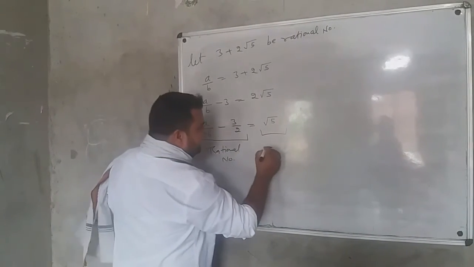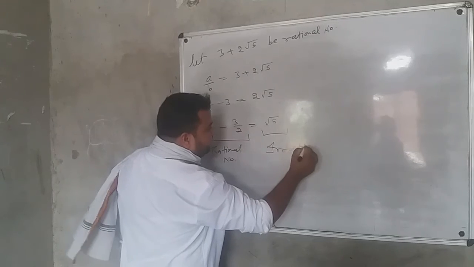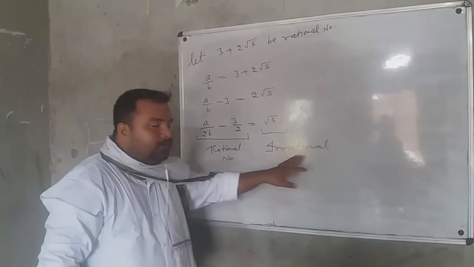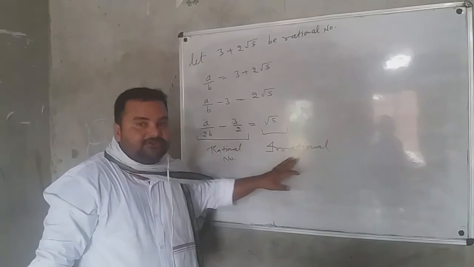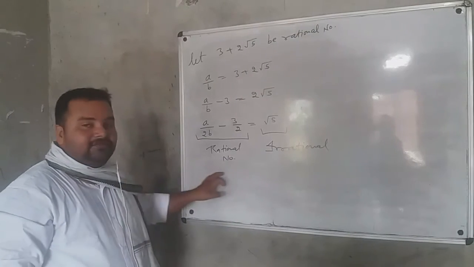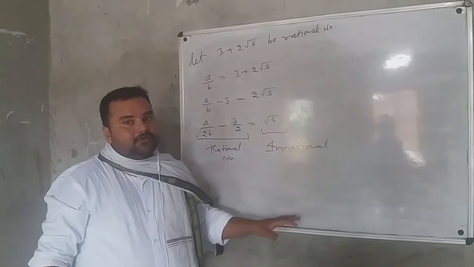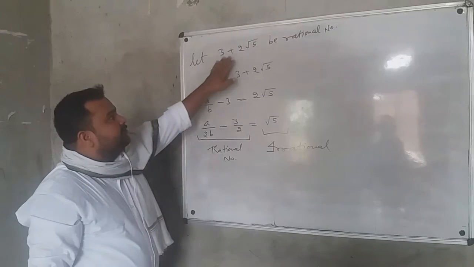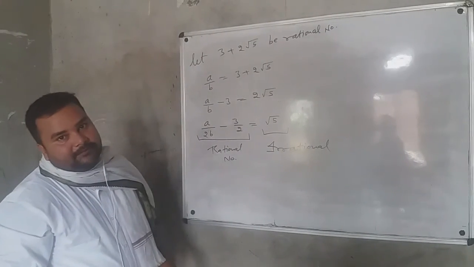So this is irrational. So a rational cannot be equal to an irrational. So this is a contradiction. You will write here, this contradiction arose due to our wrong assumption. So we can say that 3 plus 2 root 5 is an irrational number.